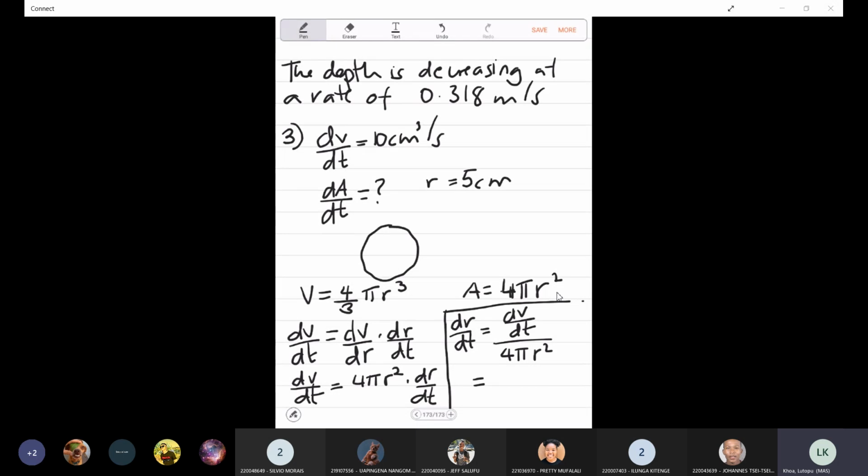Rates of change, yes, they will be part of the test because they are part of partial derivatives. So the test will include partial derivatives, so this will also be part of the test. dV/dt is given to us over here, it's 10. In the denominator we have 4 times pi, and our radius is 5 squared.